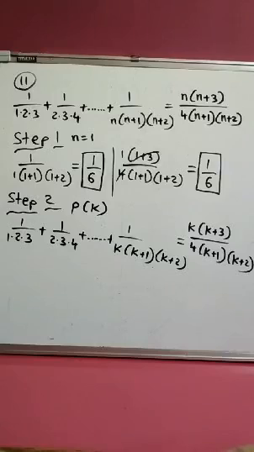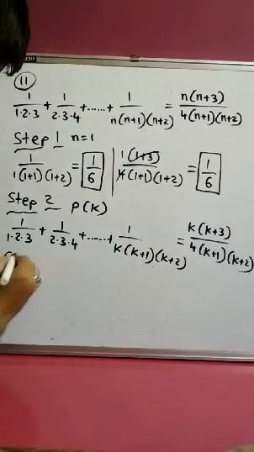Right, in this step we have just kept n equal to k. Wherever n is there we have kept k. Now step 3.